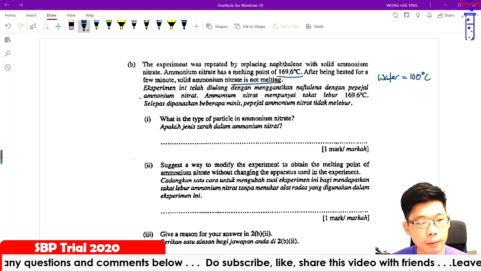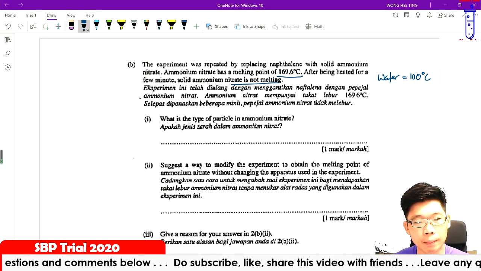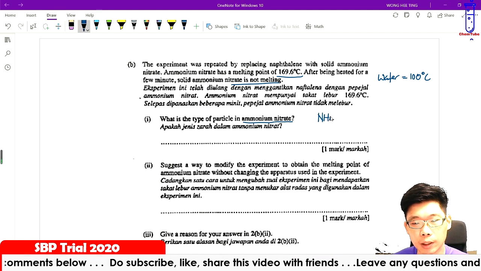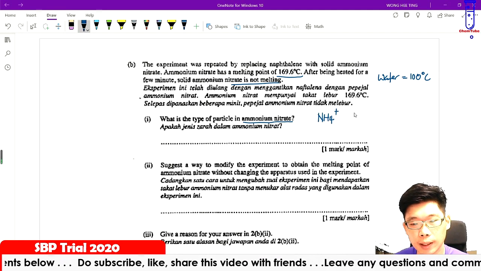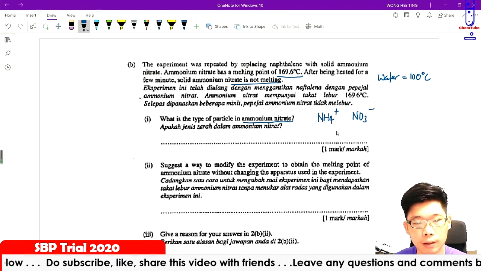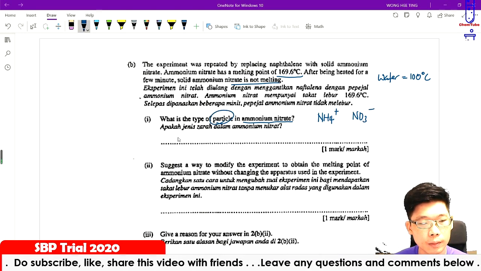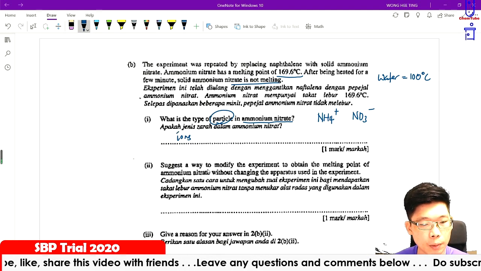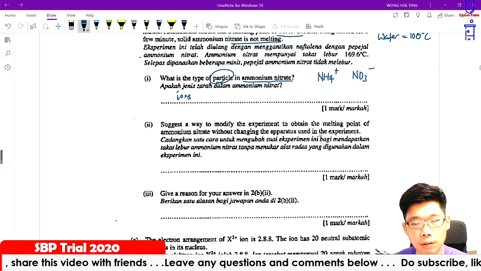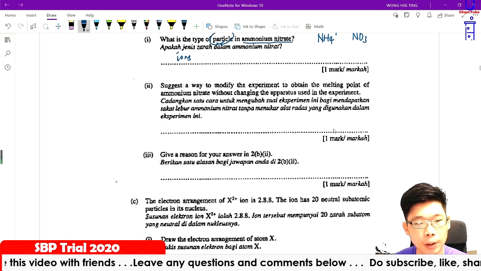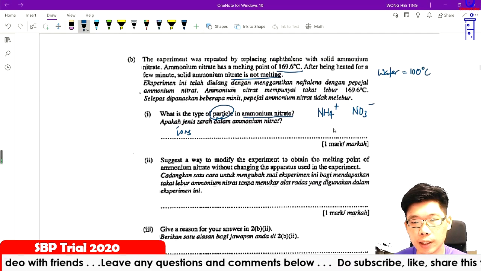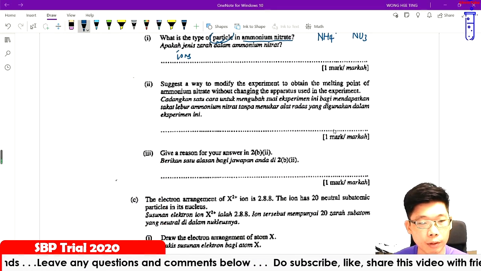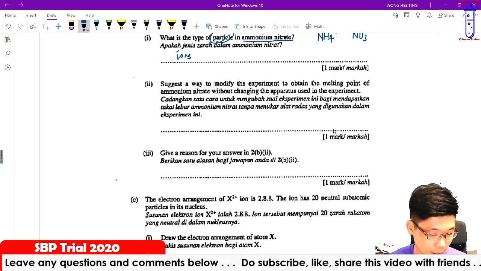Number 1, what is the type of particles in ammonium nitrate? Ammonium nitrate is formed by the ammonium ions and the nitrate ions. So what are the particles? They are ions. Next, suggest a way to modify the experiment to obtain the melting point. Just now I mentioned already, we cannot use the water because the boiling point of the water is 100 degrees Celsius only.